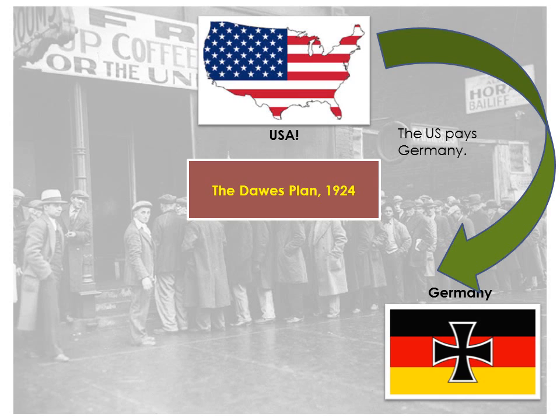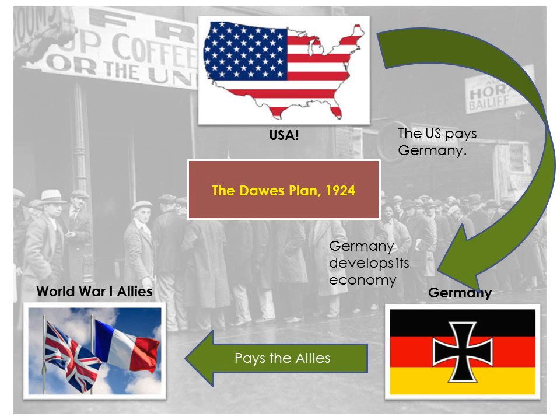Germany owes tons of money, billions of German marks. And so the U.S. is going to try to kickstart the German economy by pumping money into it. So Germany will use that money and it will develop its economy. It will invest in it, will hire. And then once it gets the pump primed, so to speak, and the economy is moving again, then Germany will pay the Allies, Britain and France.